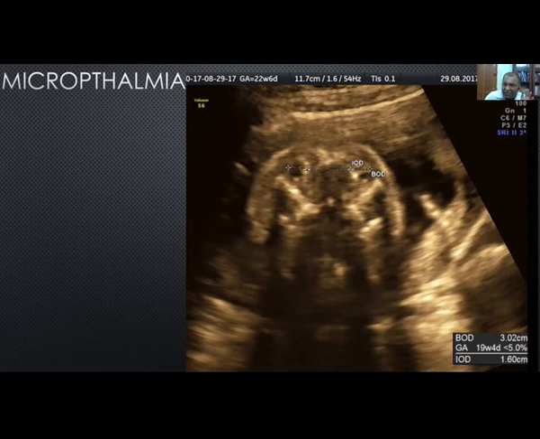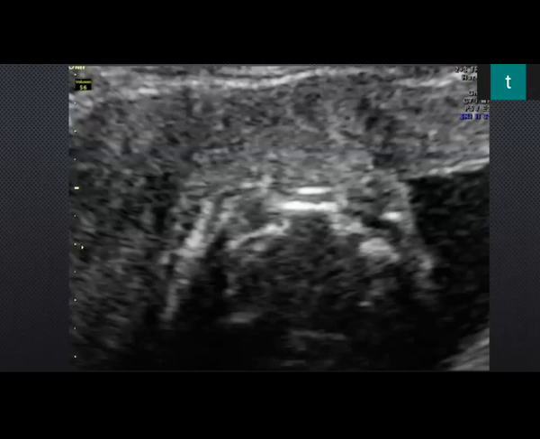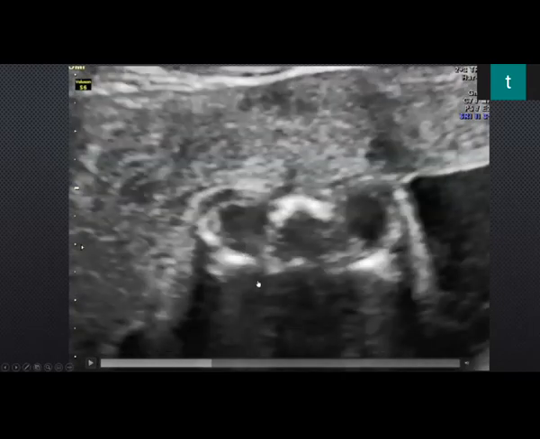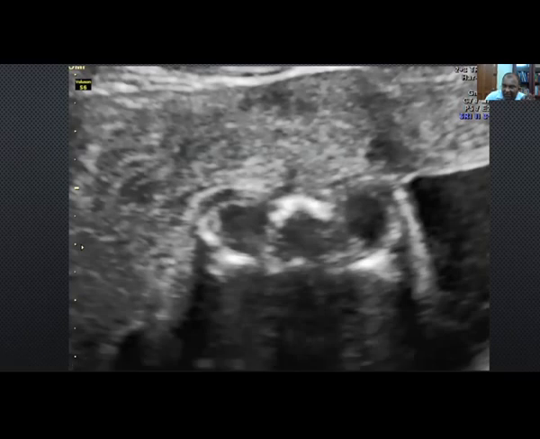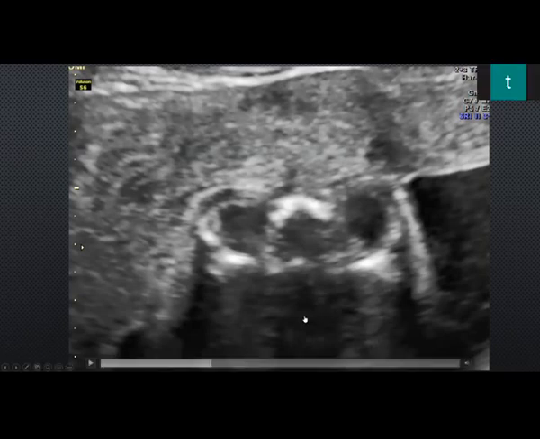Why is that? Because all fluid structures can change with time. All fluid structures, whether it is the intraocular fluid within the orbits, CSF within the ventricles, blood within the heart, urine within the renal pelvis, or amniotic fluid within the fetal palm.